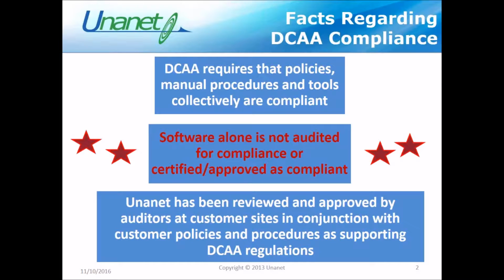So Unanet software alone is not audited or certified for compliance, nor approved as DCAA compliant. But the Unanet product suite has been reviewed in conjunction with our customer policies and procedures by auditors at our customer sites, and has been approved as supporting the DCAA requirements.